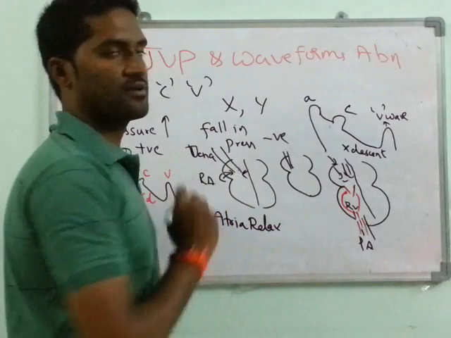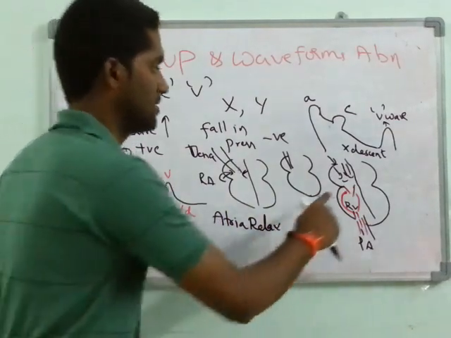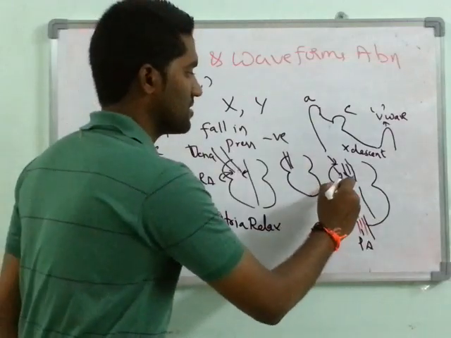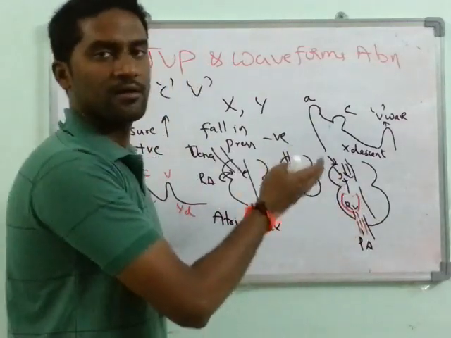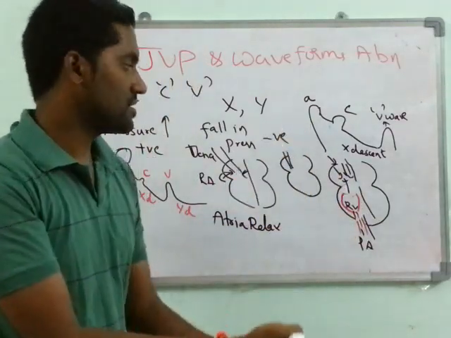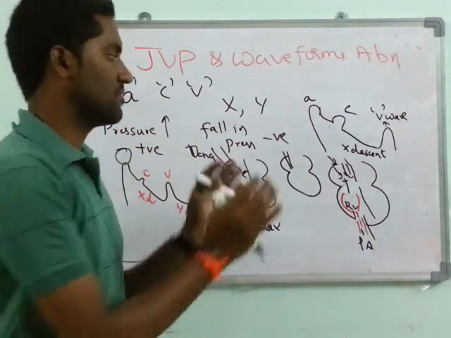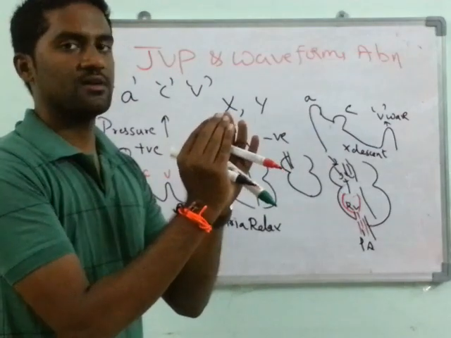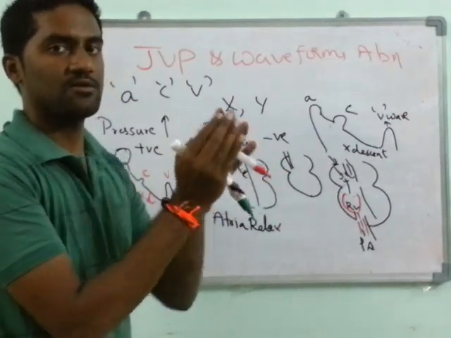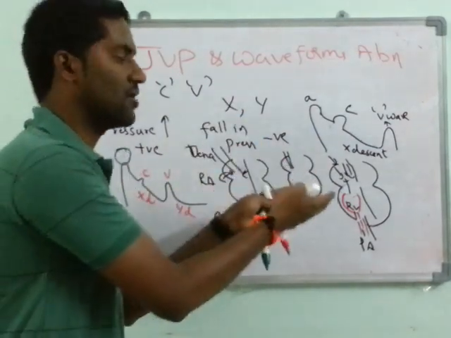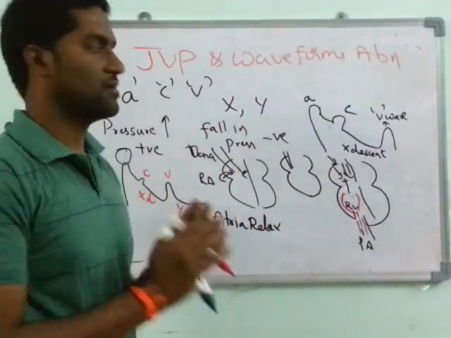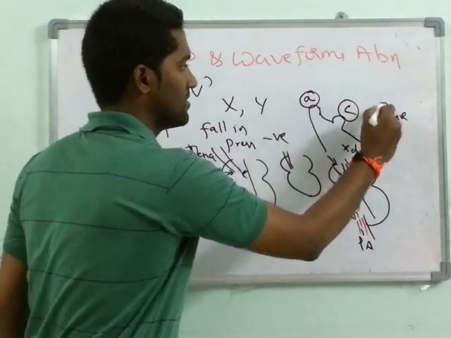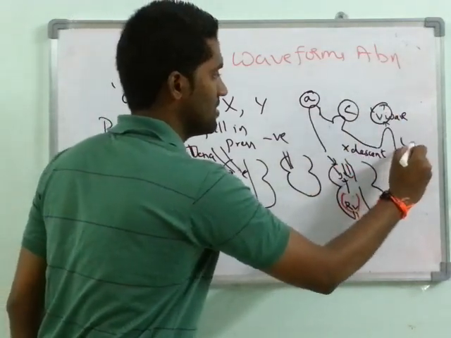When the pressure builds up again within the atria, the tricuspid valve opens and the pressure decreases, and blood flows into the right ventricle. Whenever the atrium is filled with blood, it is a high pressure area, so it has to transmit the blood to the next chamber. So the valve opens and blood is transmitted. So this is the A wave, this is the C wave, this is the V wave, and here is the Y descent.